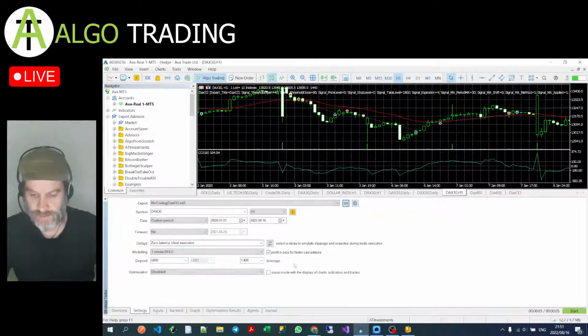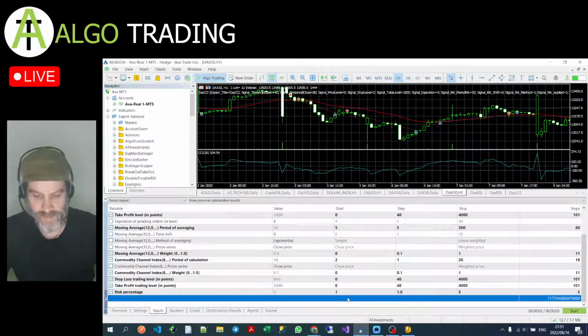Let's do something crazy. Let's do some sort of scalping strategy. Let's see how it behaves on the 1 minute chart, and see if we get any decent results here.